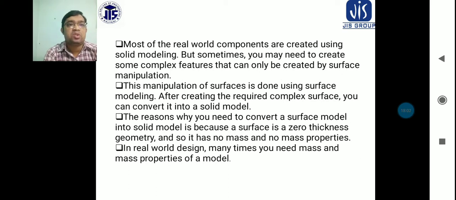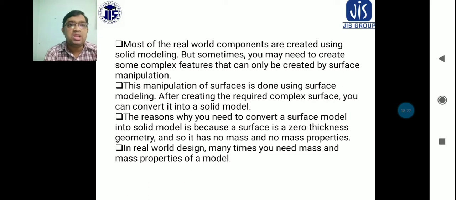After creating the required complex surface, you can convert it into a solid model, according to the technique of surface modeling.